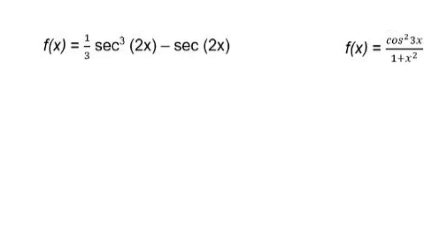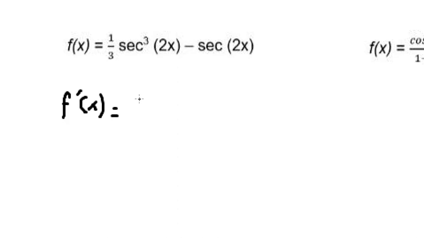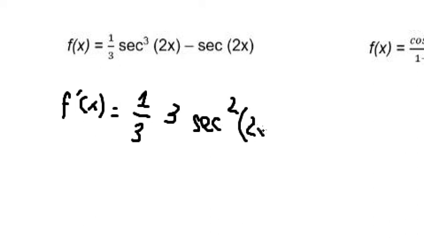We do first derivative of secant. We have number 3, we put in here. We still have secant of 2s squared, because we just reduce the power of this one. And we do first derivative of secant of 2s.